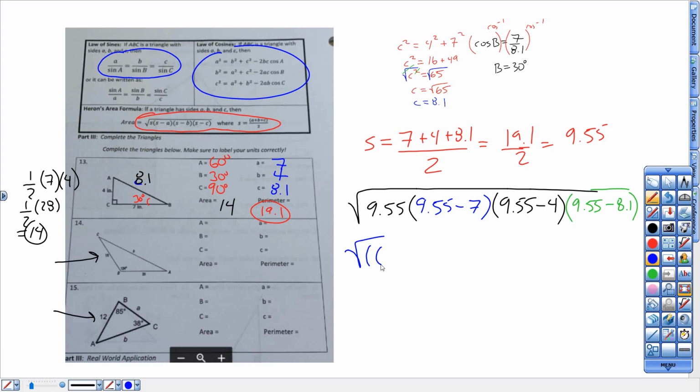Okay. And then next to that, I'm going to do all the other parentheses. That's this one, 9.55 minus 7. Another 9.55 minus 4. Close double parentheses. Yep, that gave me 13.99, which is 14.